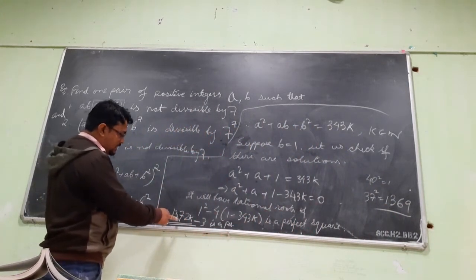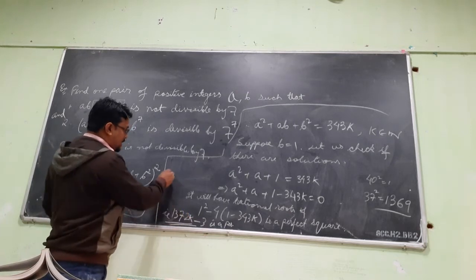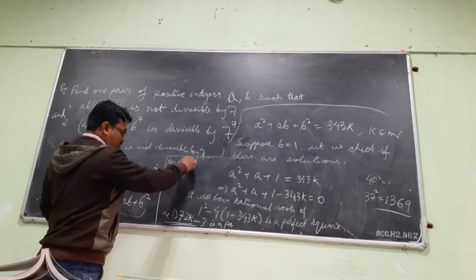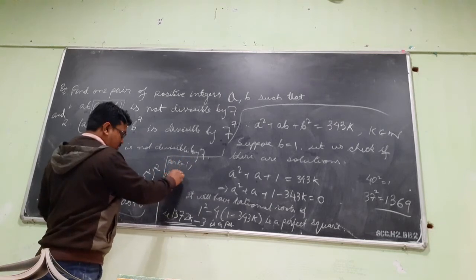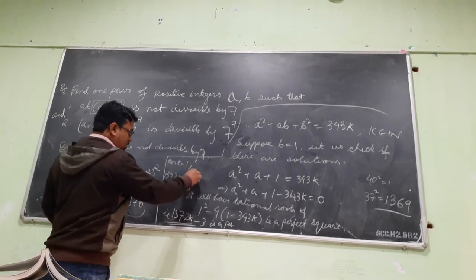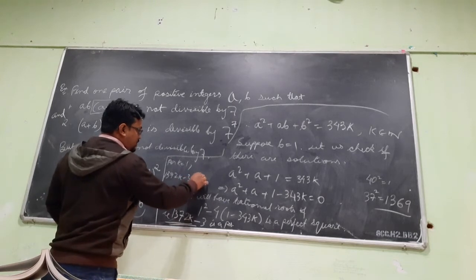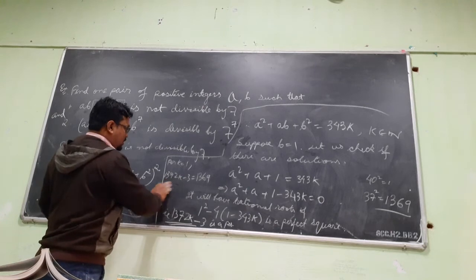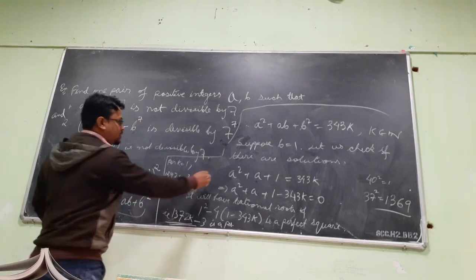So one possibility is that k is equal to 1. For k equal to 1, 1372k minus 3 is equal to 1369, which is 37 square.